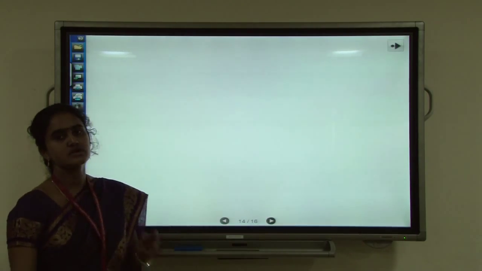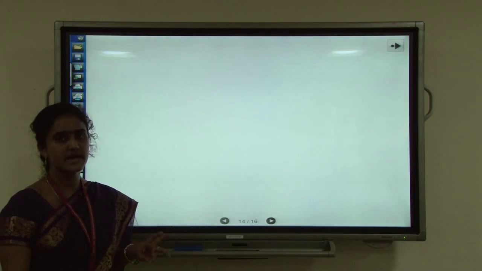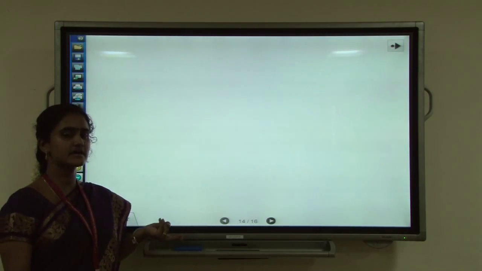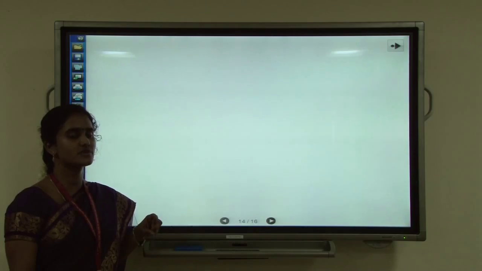So now we know what eigenvalues and eigenvectors are, and where we get the eigenvalues: from the characteristic equation.